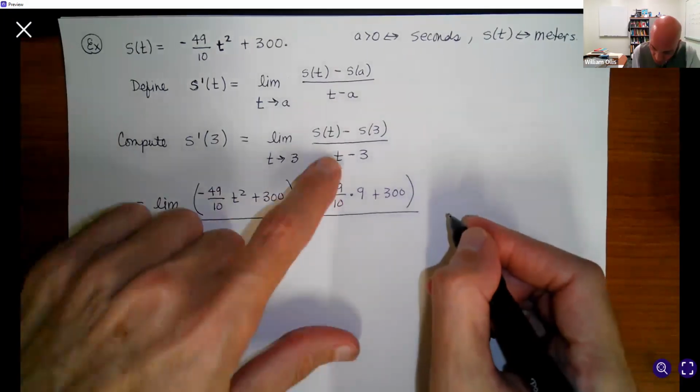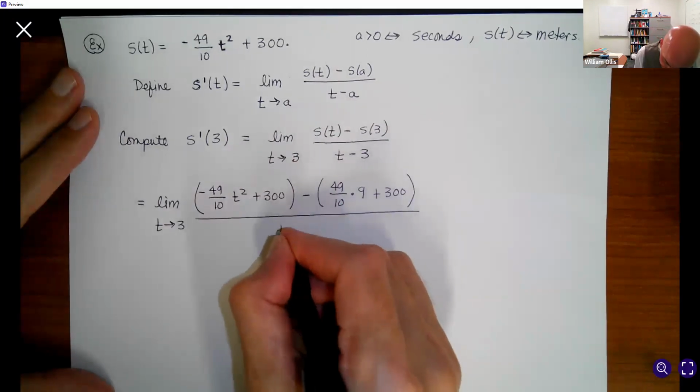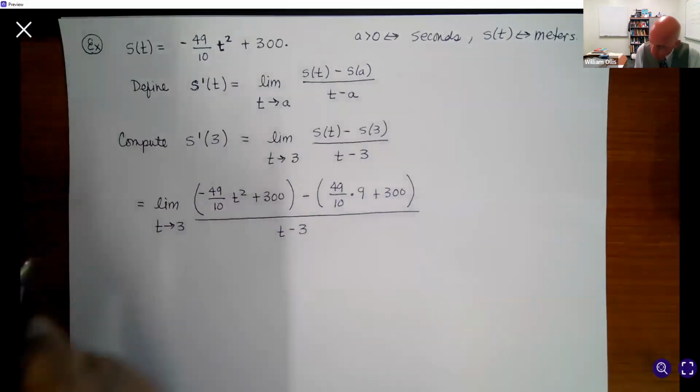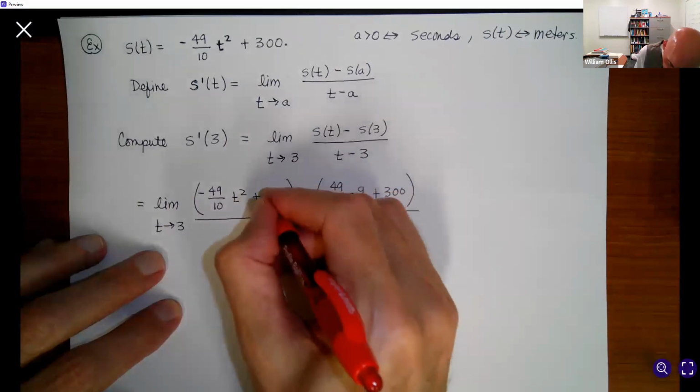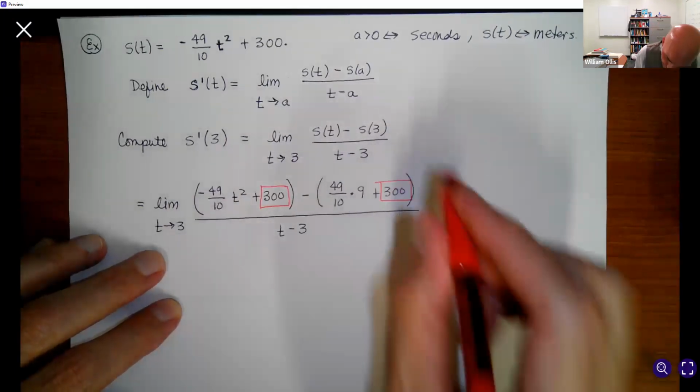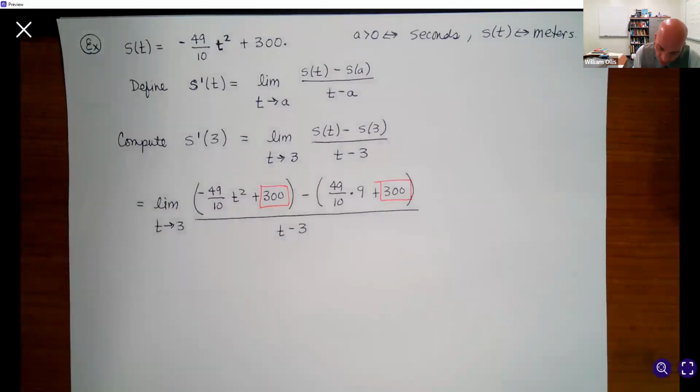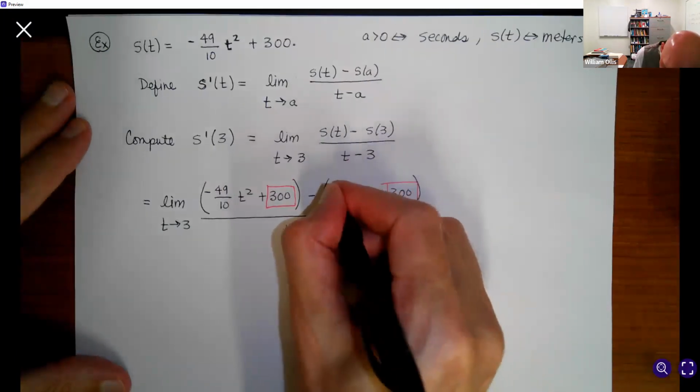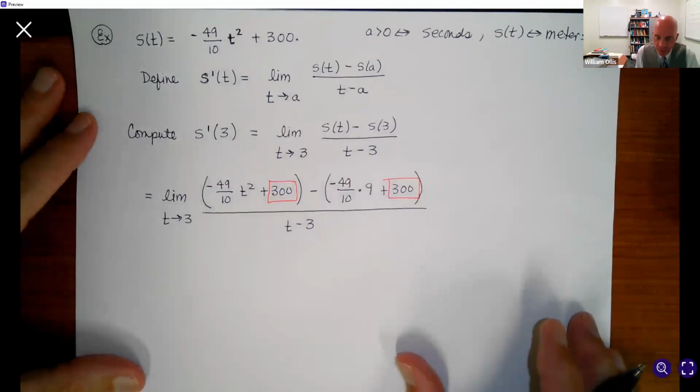And then downstairs we just have t minus 3. Now, of course, the 300s absorb. We got a minus right there.